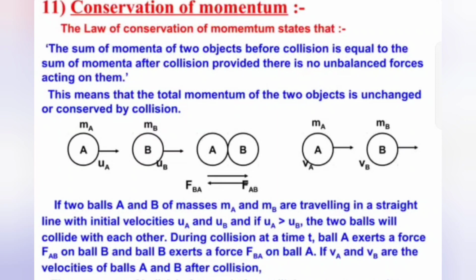So there are two objects, right? Like I said, it happens on two different bodies. So as you can see, A and B, with mAuA and mBuB. When they collide, then mAvA, mBvB. So mAuA, mBuB before collision and mAvA, mBvB after collision, both will be the same if there is no external force applied.